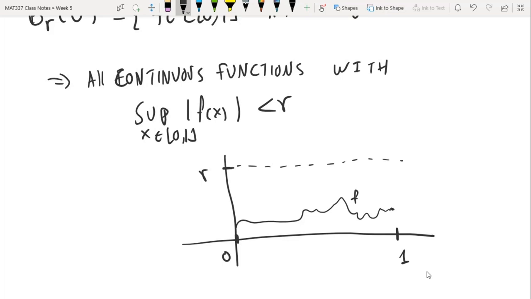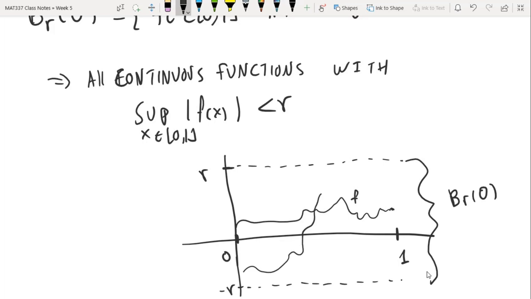And then minus r. So the ball is this guy. It's all functions that are within this image.